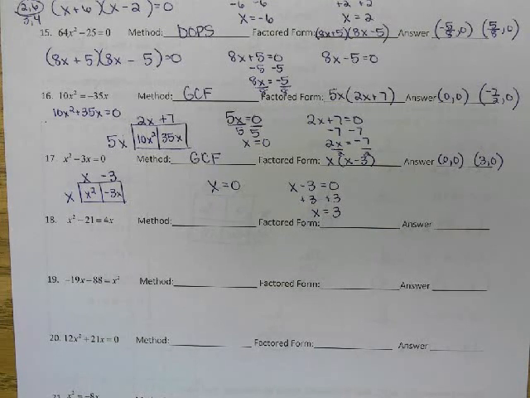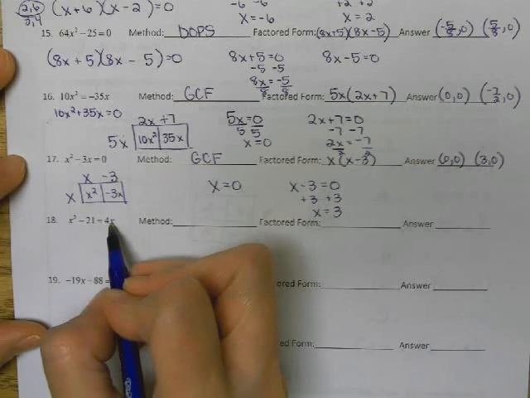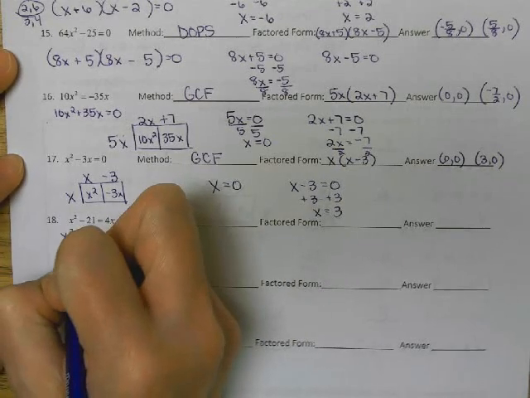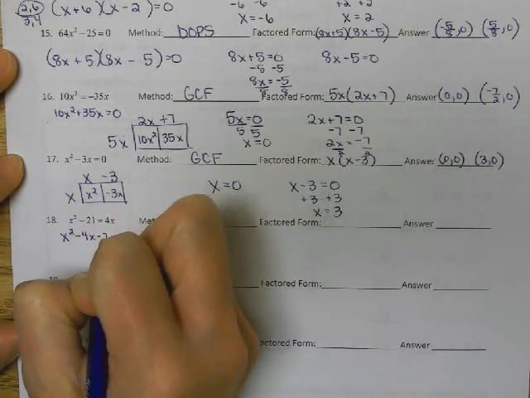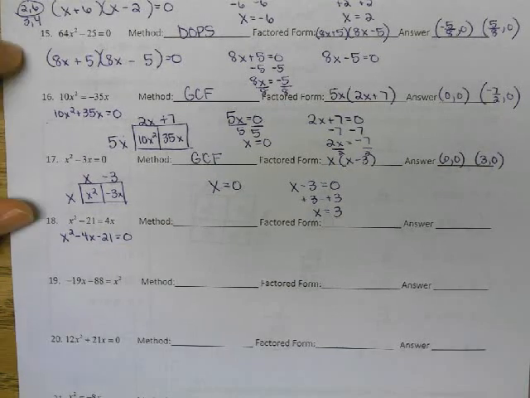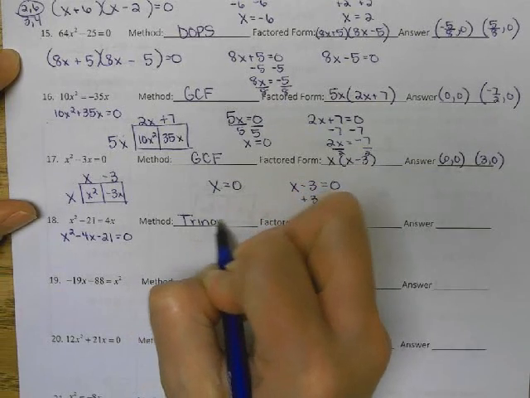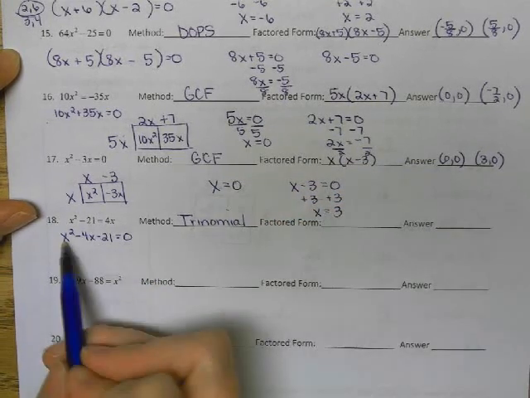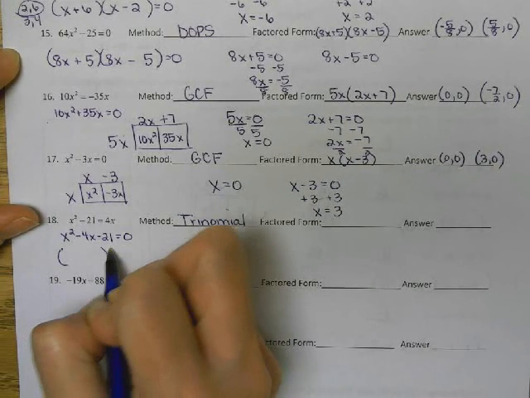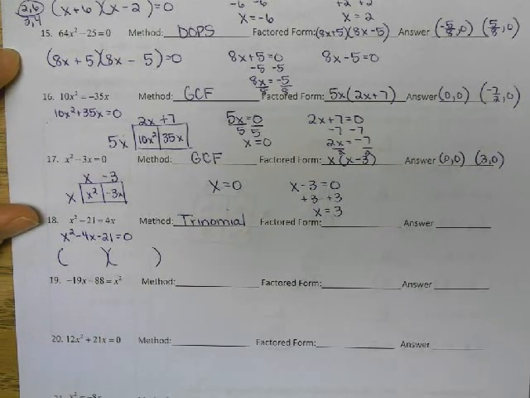All right, so number 18. We need to move this 4x over. So I'm going to get x squared minus 4x minus 21 equals 0. I have 3 terms, so it is a trinomial. It is a simple trinomial, so I can go straight into my parentheses.